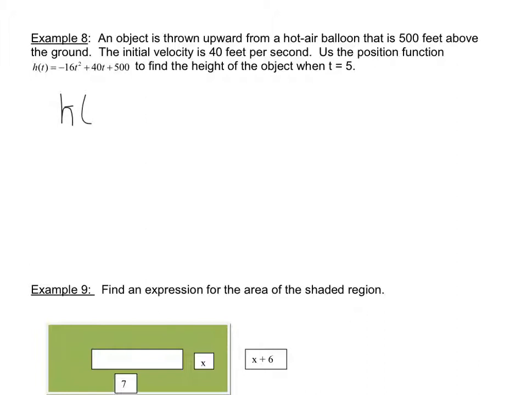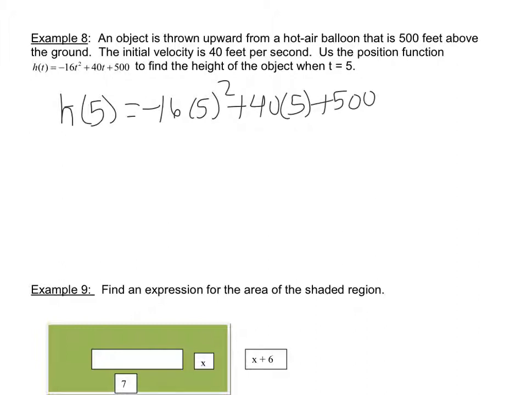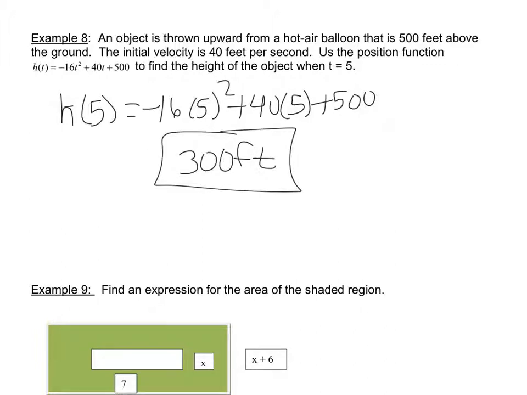You have h of 5 equals negative 16 times 5 squared plus 40 times 5 plus the 500. Okay, so calculate it, and you should get 300 feet. Don't forget to label things, okay?